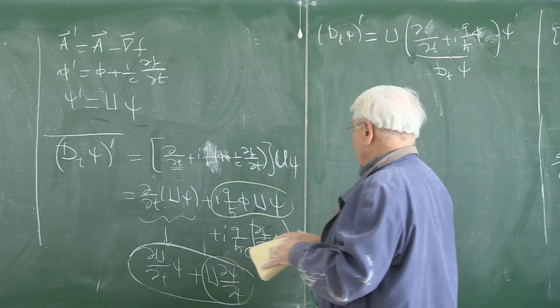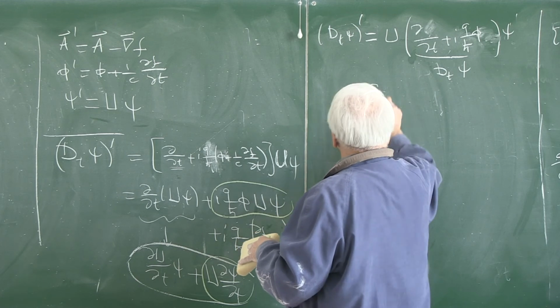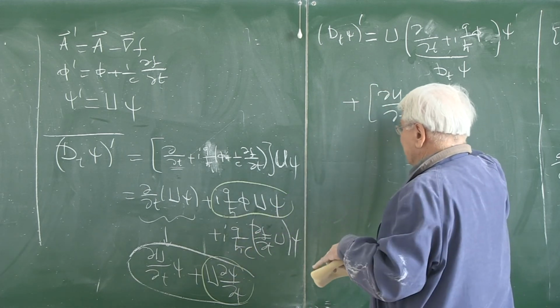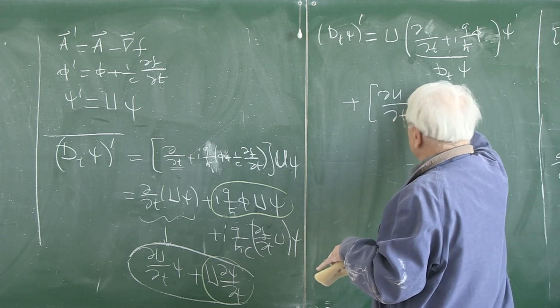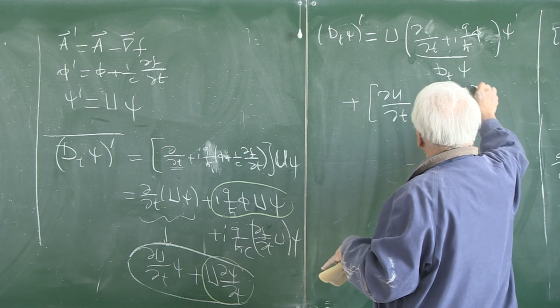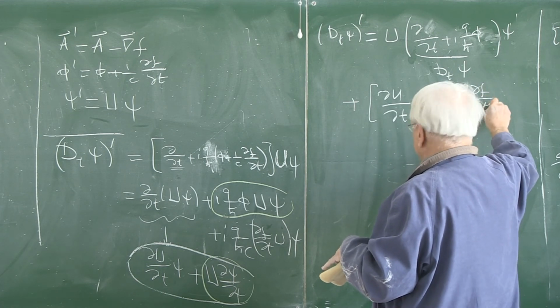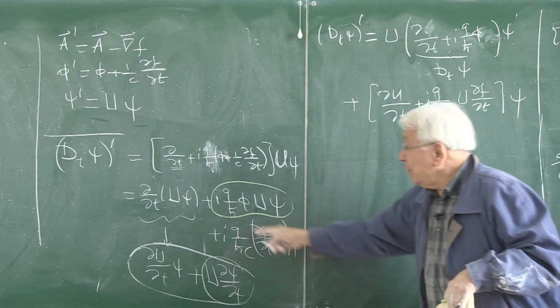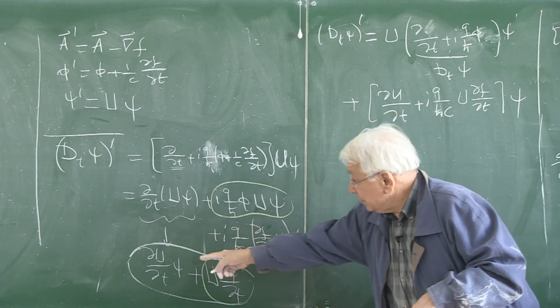Other terms are the following, plus there are a group of extra, du dt plus I q over h bar c u df dt psi. It is this one and that one, this one and the other one, this one.